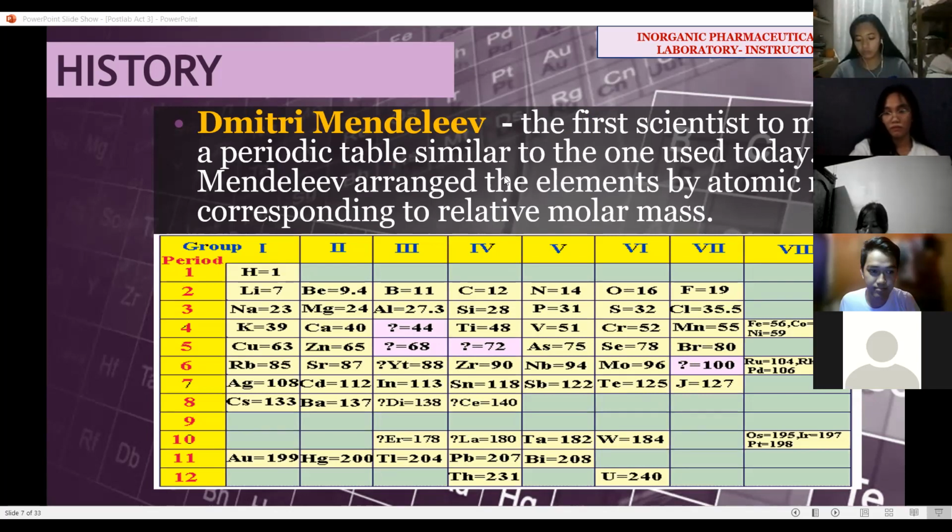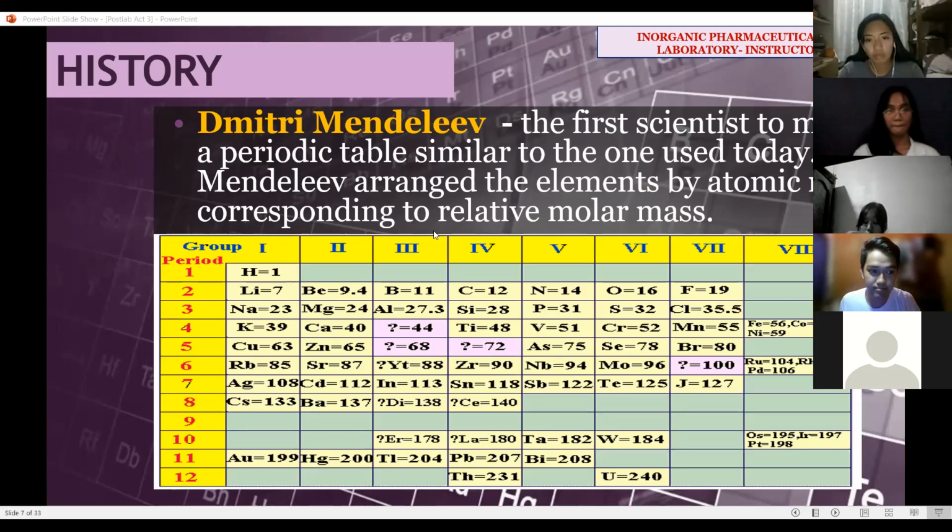Though during that time when he made the periodic table, there were still elements that were not discovered yet. So that is the reason why, as you can see in the screen, na ay mga blanks din ha. Gituyo gid na niya class, he made the prediction na there are still elements na wala pa na discover and that elements will still be included in the periodic table. Thus the blanks there sa iyahang gihimo na table.